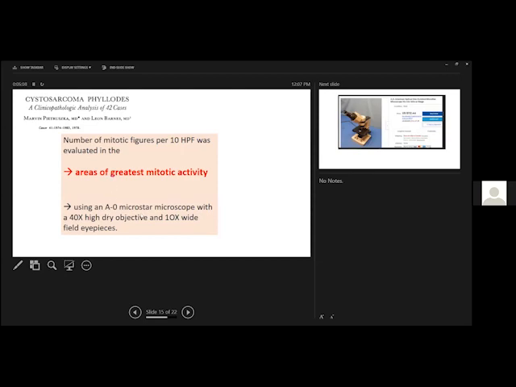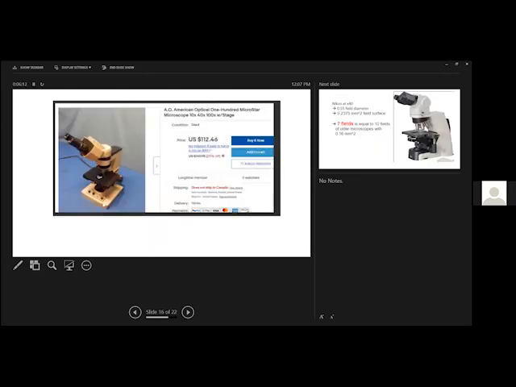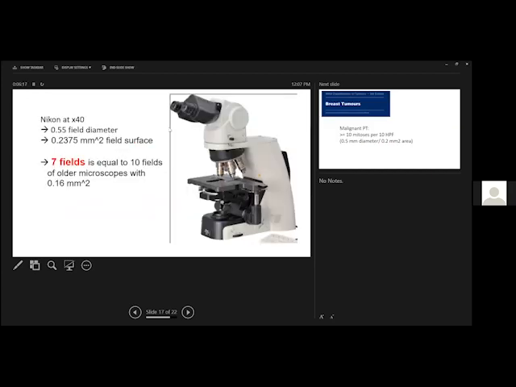And the microscope they used was an AO Microstar microscope, with a 40x high dry objective and 10x wide field eyepieces. This is one of the microscopes used in that paper. And as you know, many of us these days use a new wider field of area, Nikon or Leica microscope.